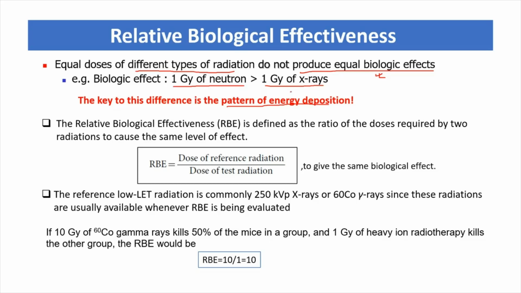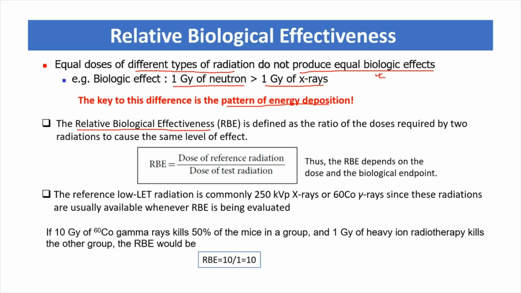Now we introduce one more term, which we call relative biological effectiveness, or RBE, and it is defined as the ratio of doses required by two radiations to cause the same level of effect. That is, RBE equals the dose of reference radiation divided by the dose of test radiation to give the same biological effect.